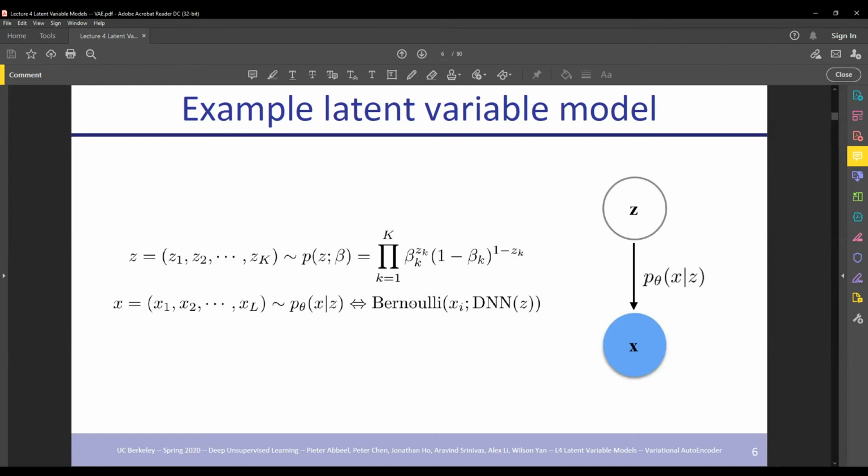And so that is why we have this restriction, because we want to have an invertible flow, and that is why it should always be of the same dimensionality. Is that correct? Yeah, that's correct.